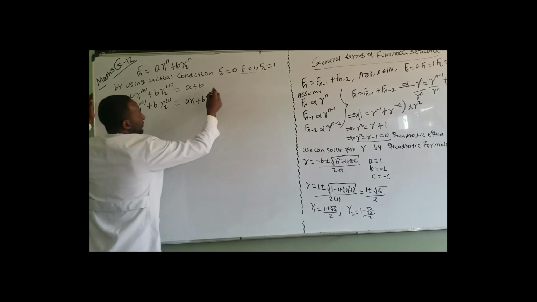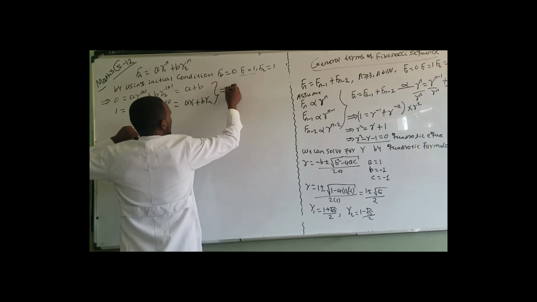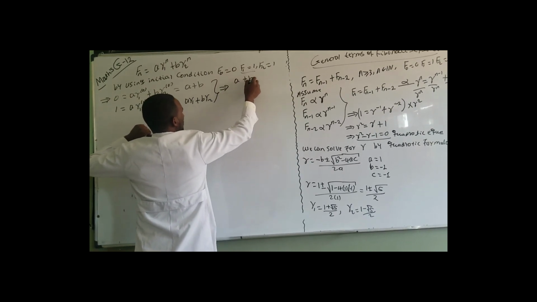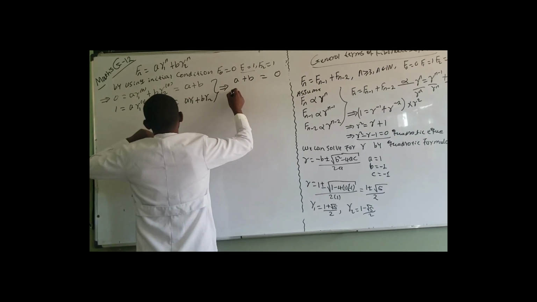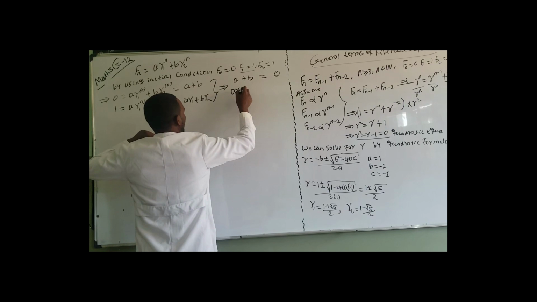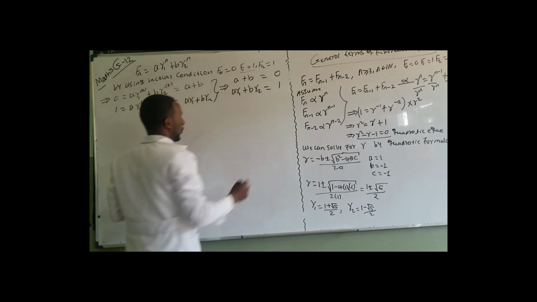Then from these two equations we get a plus b is equal to 0 and a r1 plus b r2 is equal to 1.